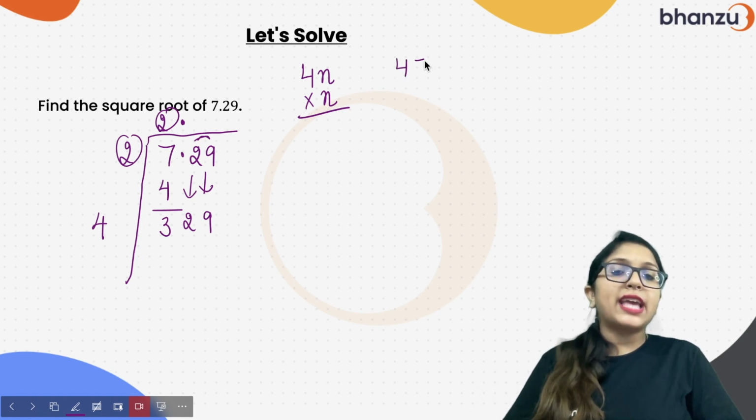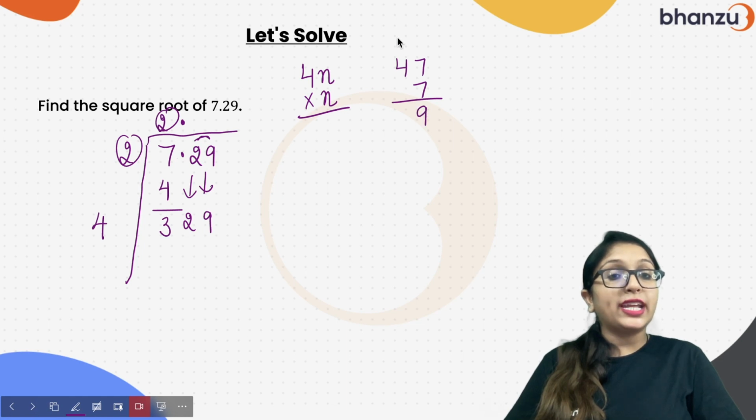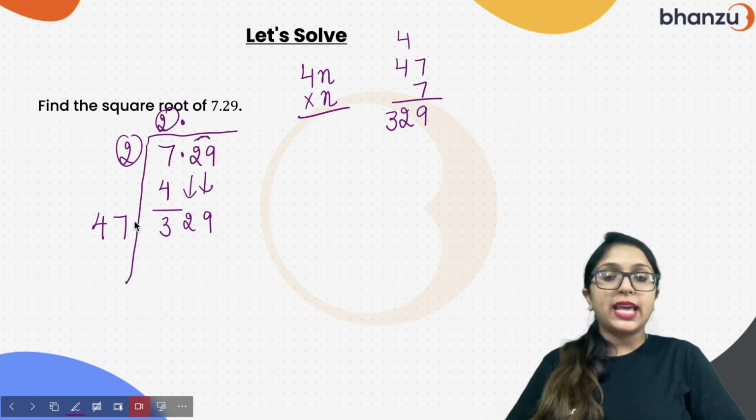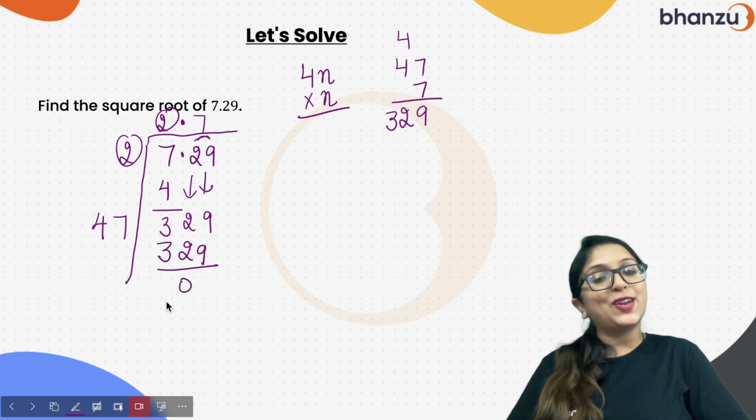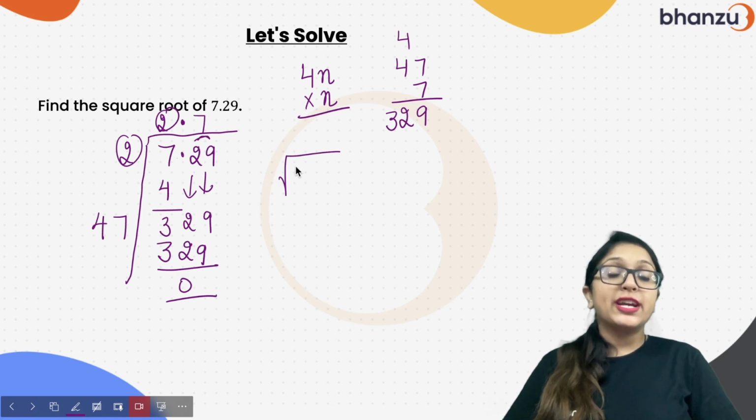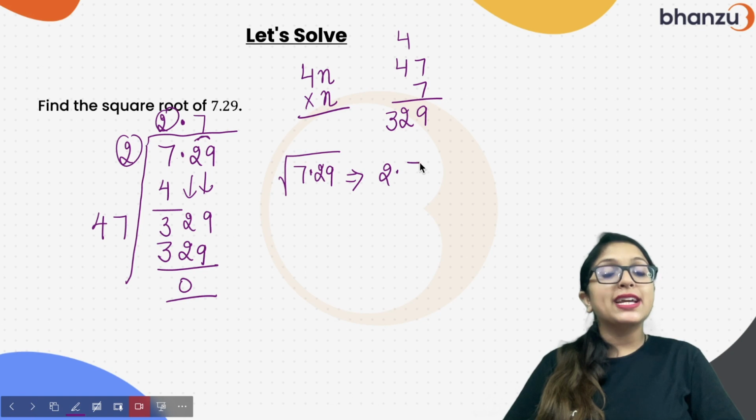So here 7 times 7 is 49, 7 times 4 is 28, 28 plus 4 is 32. So now here let's use 7 and this is 7 and this is going to be 329. So 329 minus 329 is 0 and the square root of 7.29 is going to be 2.7.